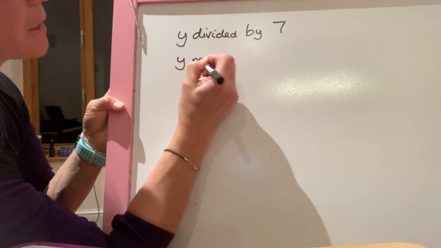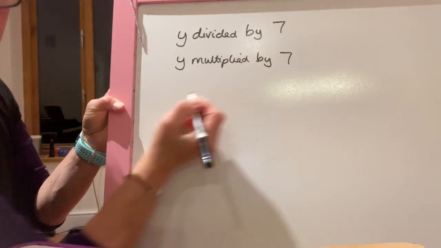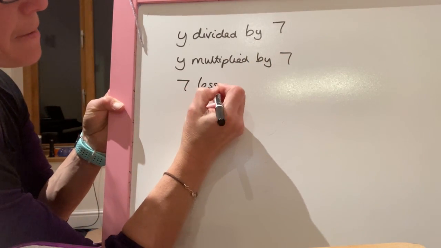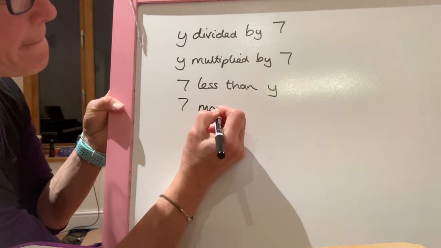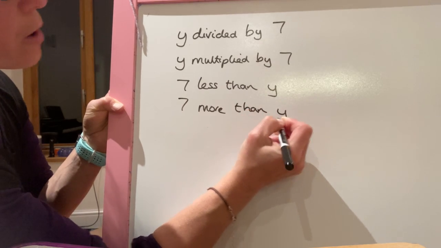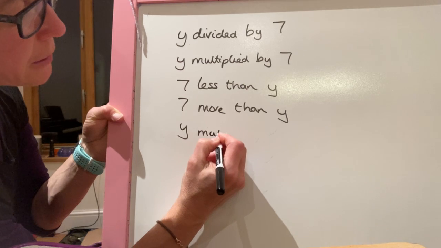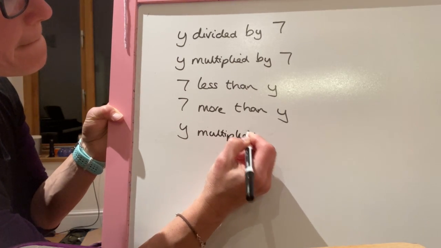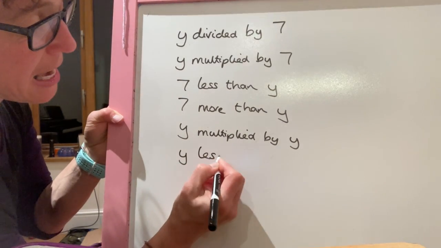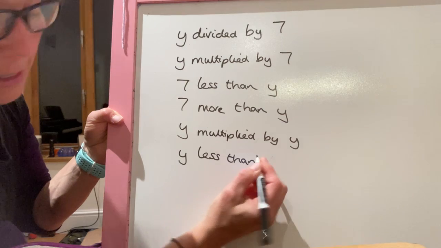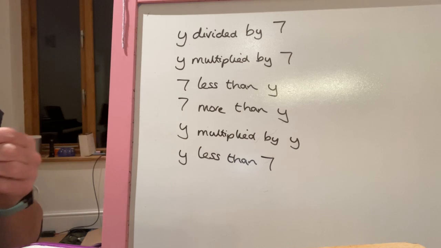Y multiplied by 7. 7 less than Y. 7 more than Y. Y multiplied by Y, and the last one is Y less than 7. Shocking handwriting, apologies, Willow.